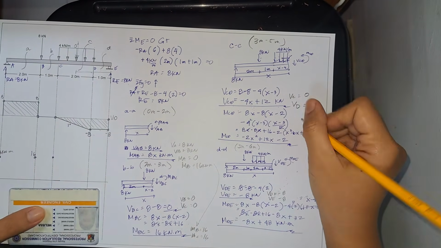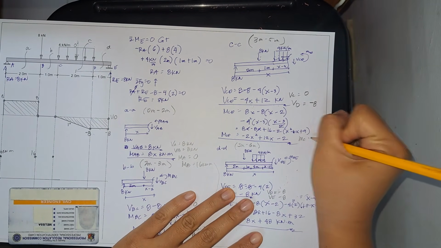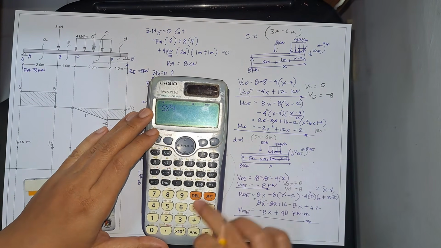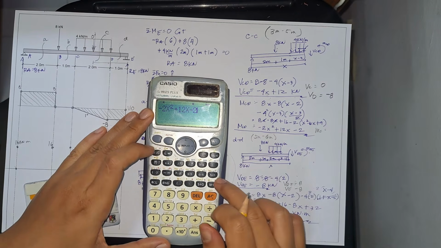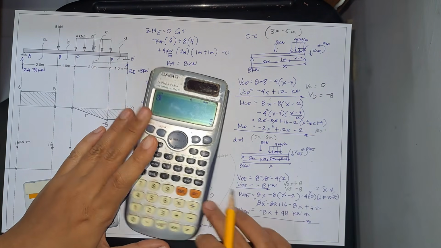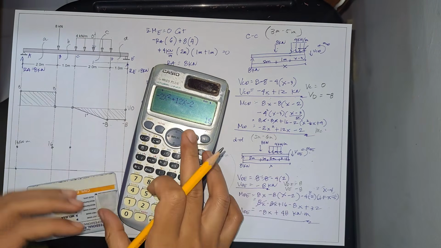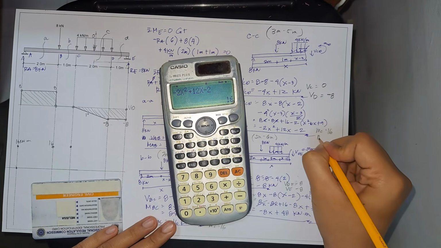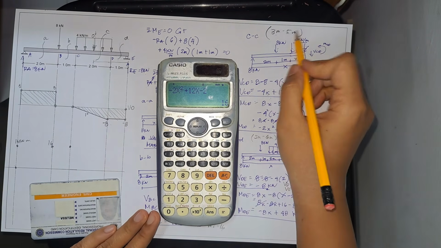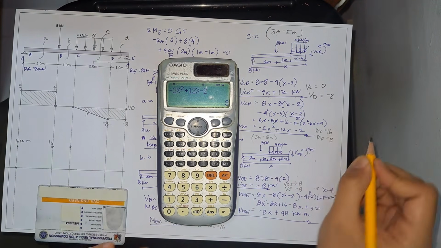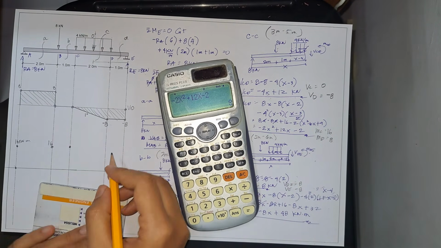Okay. Next, moment at point C ulit. Dito na po tayo. Moment at point C. So we have negative 2x squared plus 12x minus 2. Ang x po natin, since nasa C po tayo, is 3. So dapat lang na 16 yung makuha natin dyan. Ayan. Also 16. And then moment at point D, ang x naman natin ngayon is 5. So we have here 8. So from 16, napunta po siya ng 8.